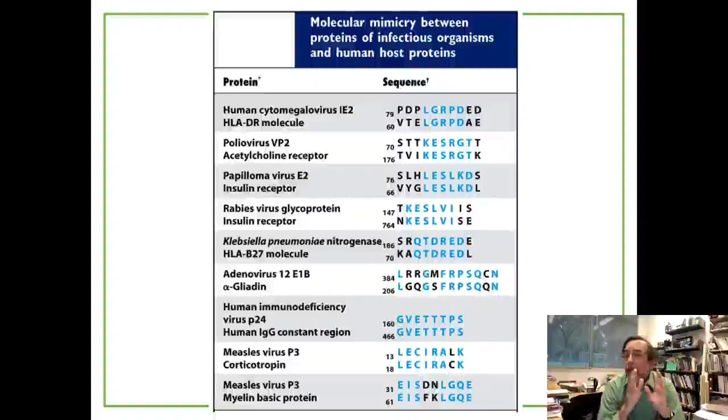And remember, this is more likely to happen with T cells because T cells only look at a 10 residue snippet. In fact, they only look at one side of the peptide, because one side of the peptide is buried, right? So only one side of the peptide is pointed toward them. And the T cells basically will just by chance, these virus peptides will look like your own proteins, and the mistaken identity is going to happen.